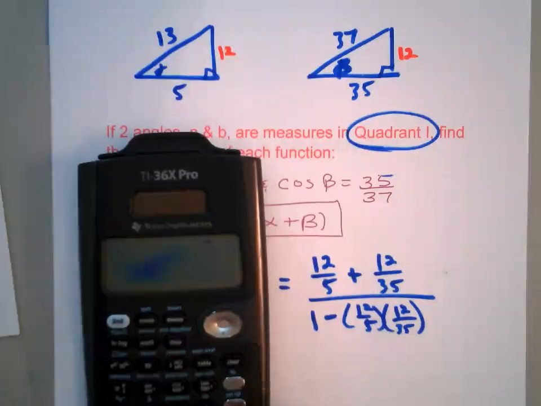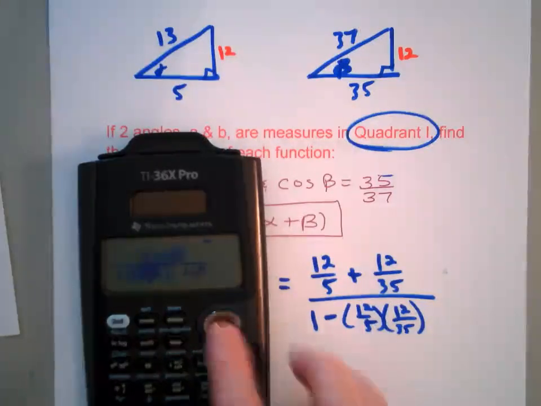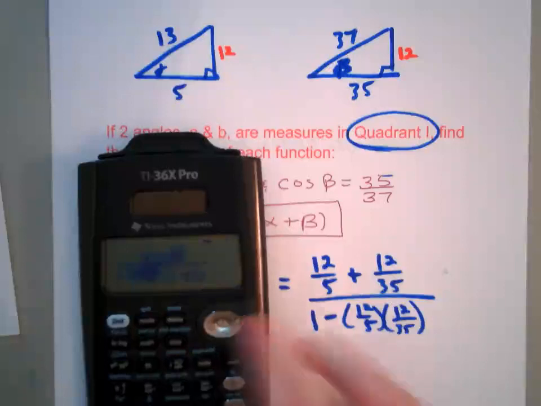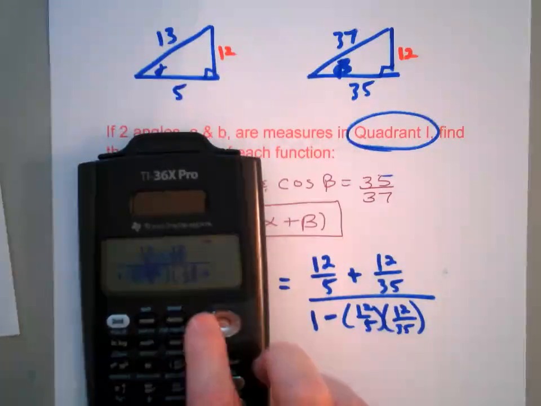Okay, let's try that again. Fraction 12 fifths plus 12 35th. 1 minus 12 fifths times 12 35th.